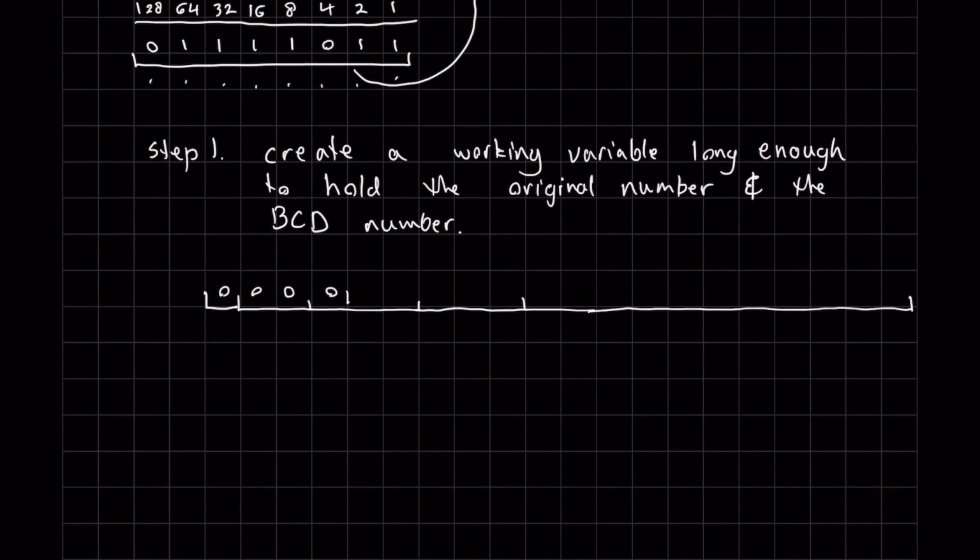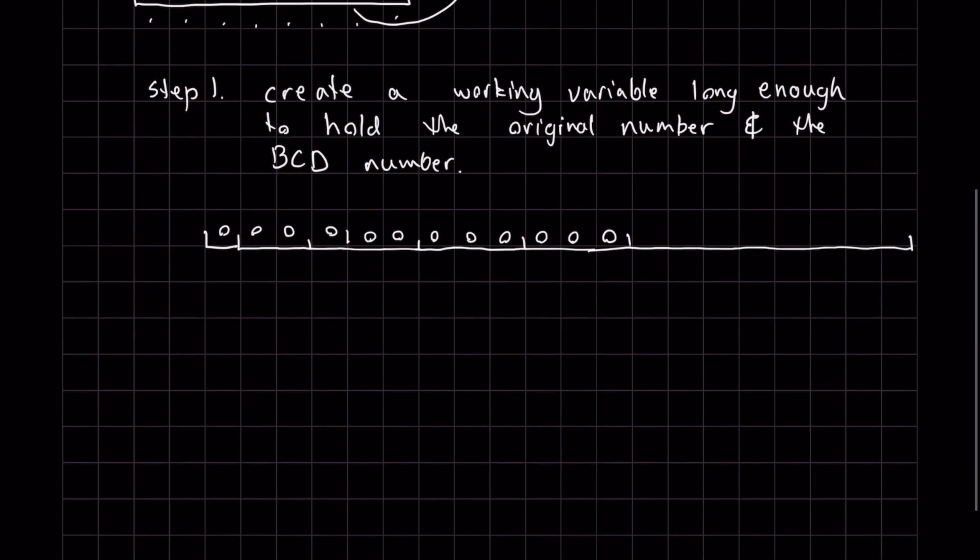The next 4 correspond to the tens place. And the last 4 will correspond to the ones place. So let's redraw these lines to make more sense.